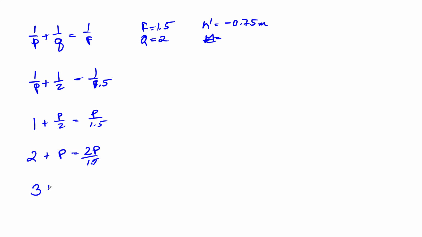That's going to be 3 plus P is equal to 2P. 1.5 times 2, that's going to be 3P. Follow me over to this point. Subtract P from both sides, so 3 is equal to 2P.